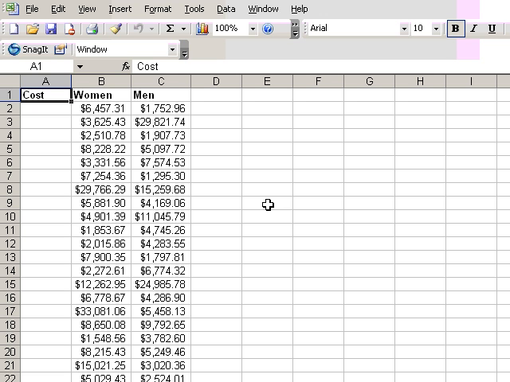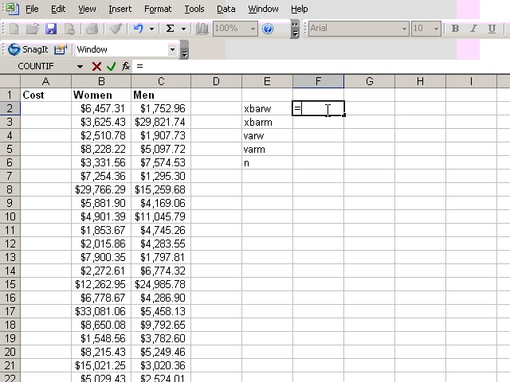In order to perform the t-test, we need x bar W, or the mean for women, x bar M, the mean for men, the variance, VAR W for women, and the variance for men, and we need N. Let's begin with x bar W.